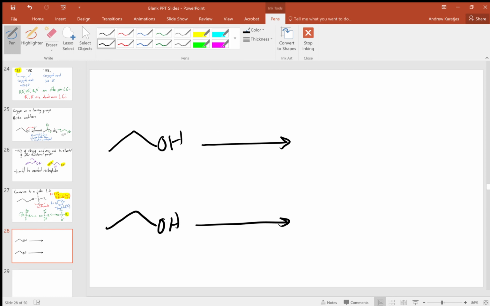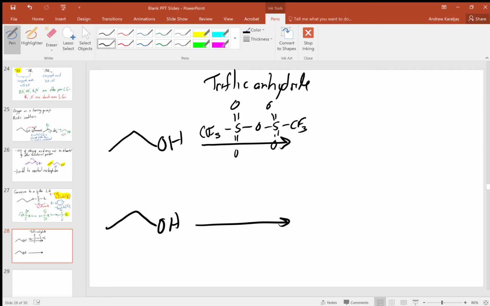But we use a reagent in this first case known as triflic anhydride. Very, very reactive reagent. I believe you actually have to store it in a glove box. In other words, you can't expose this compound to air at all. So this is actually a compound that has two of these triflate groups with an oxygen in the middle.